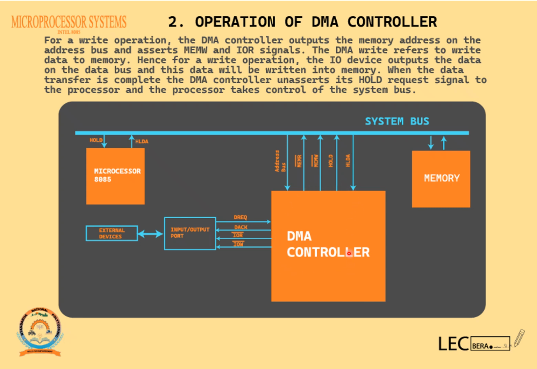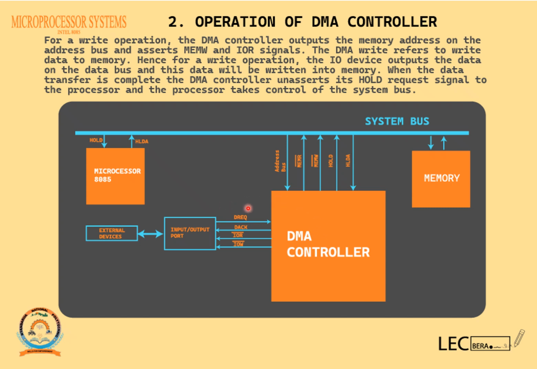Let's say I want to exchange data from the external devices to the memory. From the external devices to the memory, we'll say that is a write operation. If I want to exchange data from the memory to the external devices, we say that is a read operation. So what is going to be the first thing? The device which wants to exchange data is going to send a DREQ to the DMA controller.